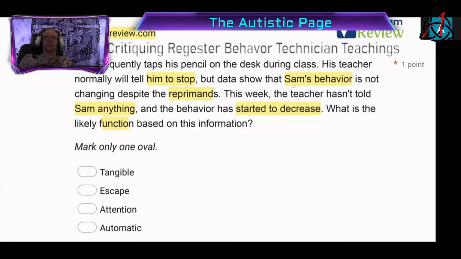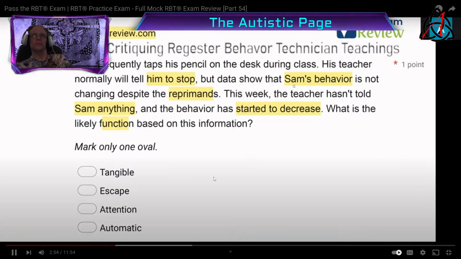If a behavior has an automatic function, it means there's not another person involved. It's automatic, sometimes called sensory. And that's exactly what stimming is, sensory. Tapping the pencil on a desk is sensory. That's the reason he's doing it. Everything else after that is something else.